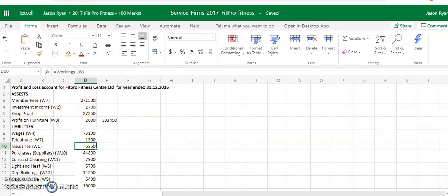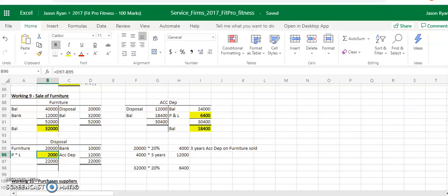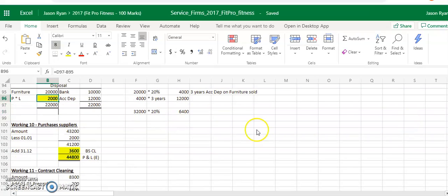So that's going to be another adjustment. So 43,200. Take away what's at the start of the year because that was for the previous period. Add on what's at the end of the year. That's for this period. That's what we bought. That's how much we owe for this period. And that goes into your balance sheet as a current liability. And then what you're left with goes into your expenditure account.